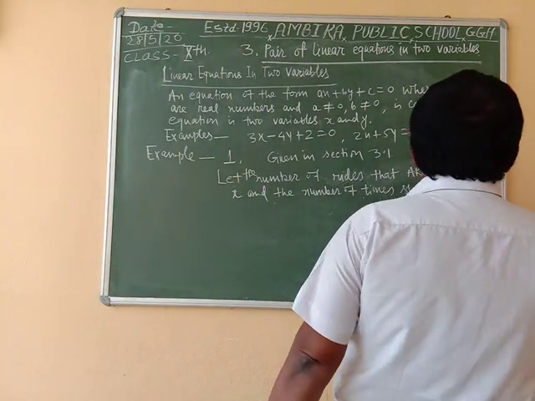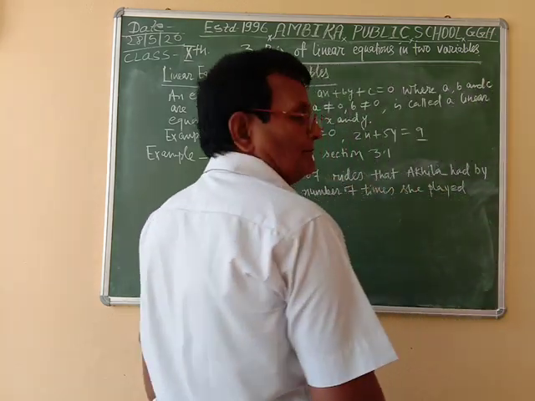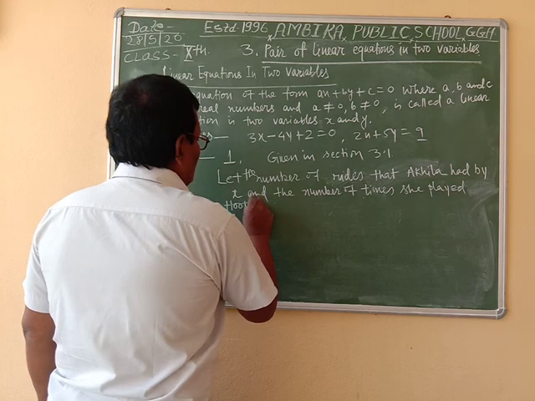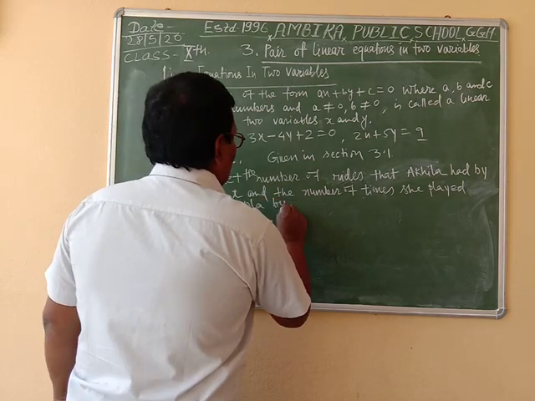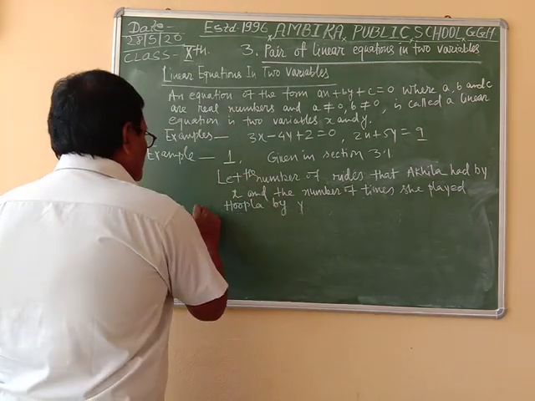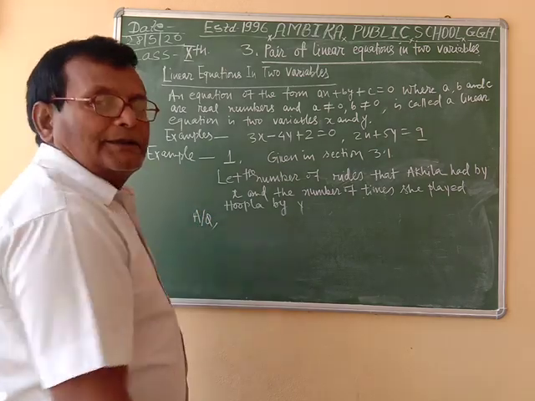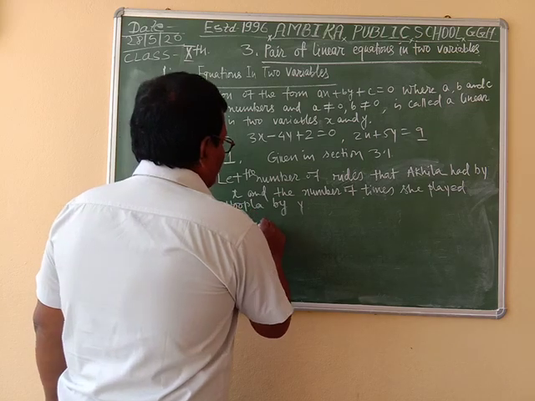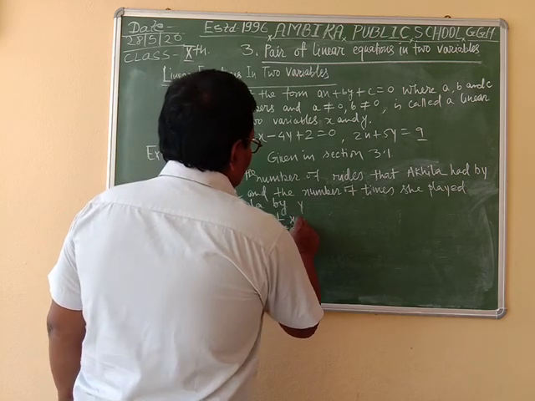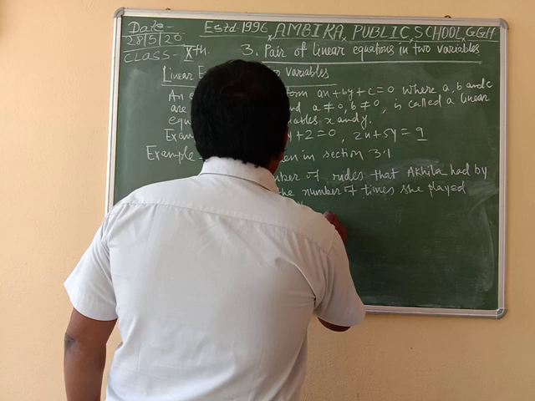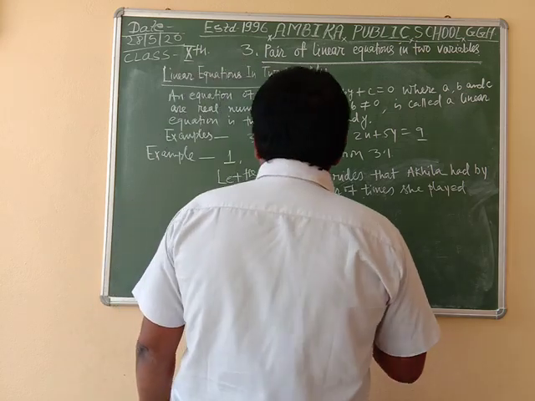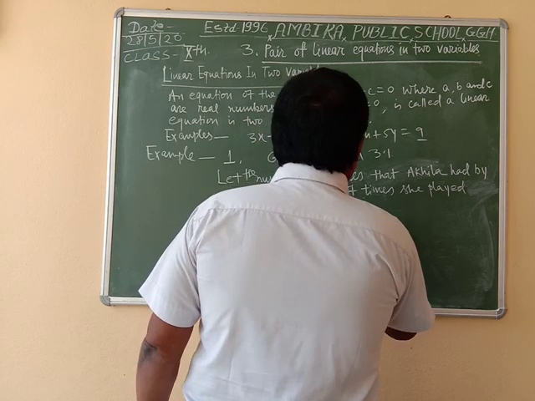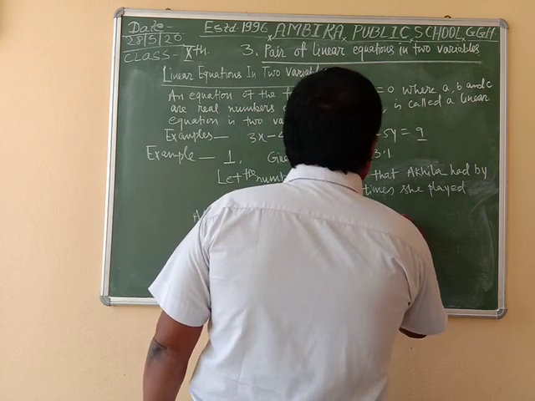Then according to the question, y is equal to 1 by 2x, or by cross multiplication, 2y minus x is equal to 0.